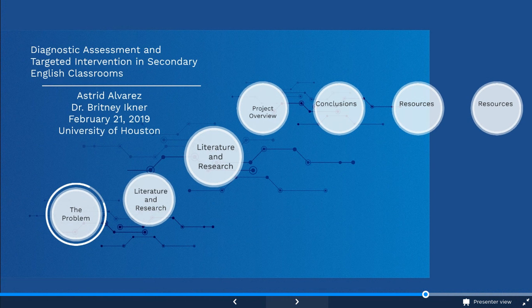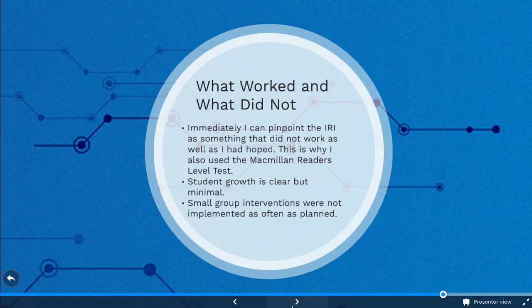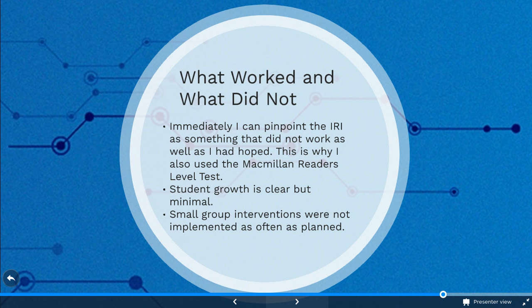Some conclusions. So there are some things that worked and some things that did not. Immediately, I can think about the IRI, and that was my own mistake. So when I created the common assessment, the diagnostic assessment, I used a piece of Animal Farm that was very highly dependent upon context within the text, and therefore, I think that was really why the results were so low and so skewed.